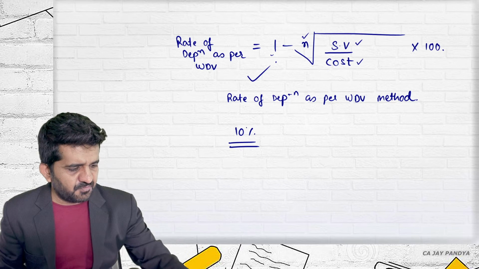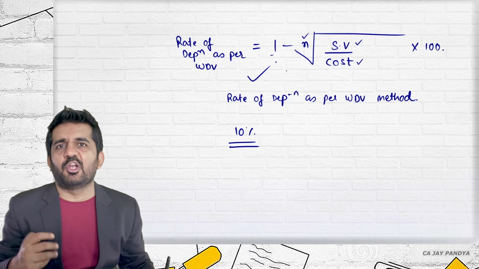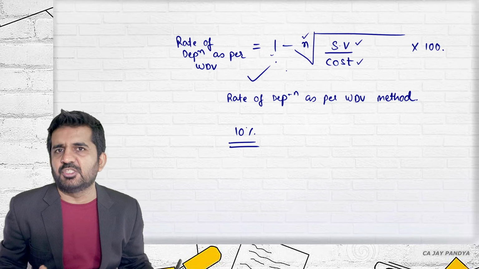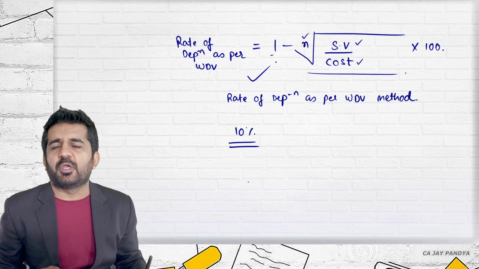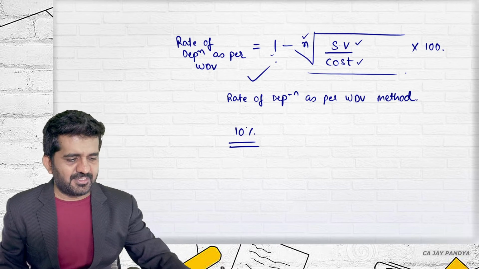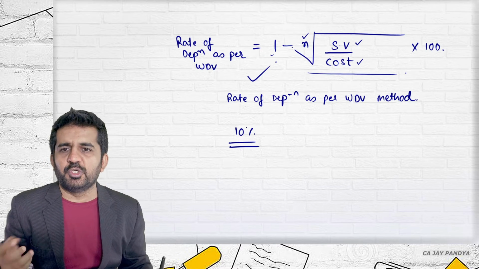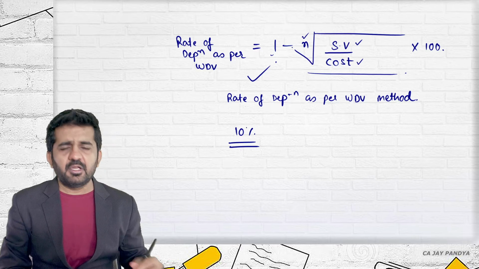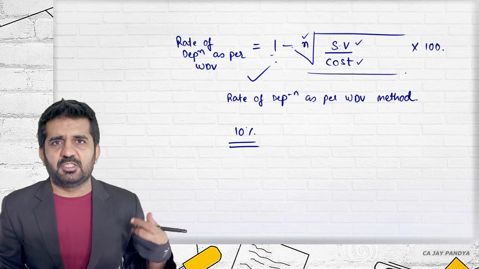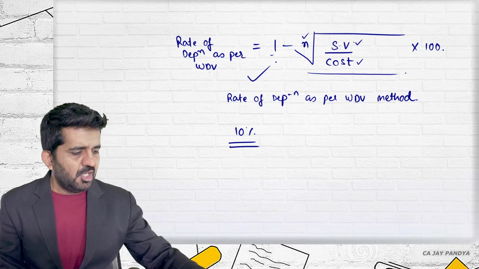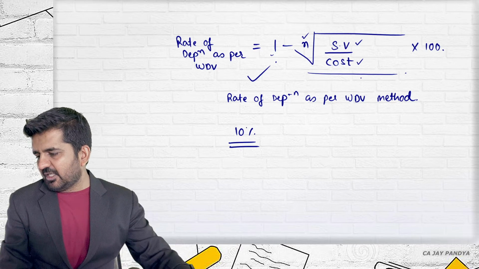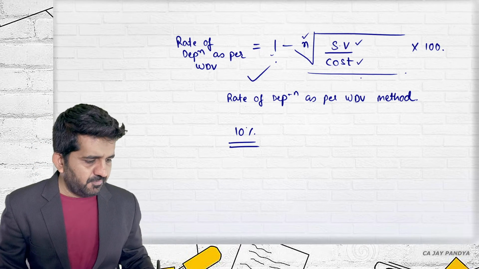Yes, of course, if it is 5 years, they need to give either a log table or some mathematical answers. You cannot directly find it on a calculator except when n is 2 years. If it is 2 years, square root is available in your calculator. Otherwise, you will require another scientific calculator or log table to solve this formula. But this formula is basically to find out the rate of depreciation.